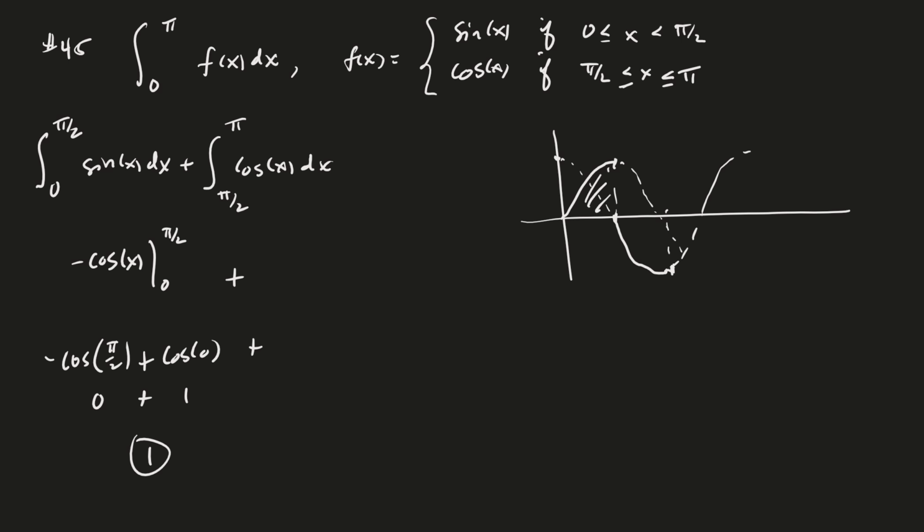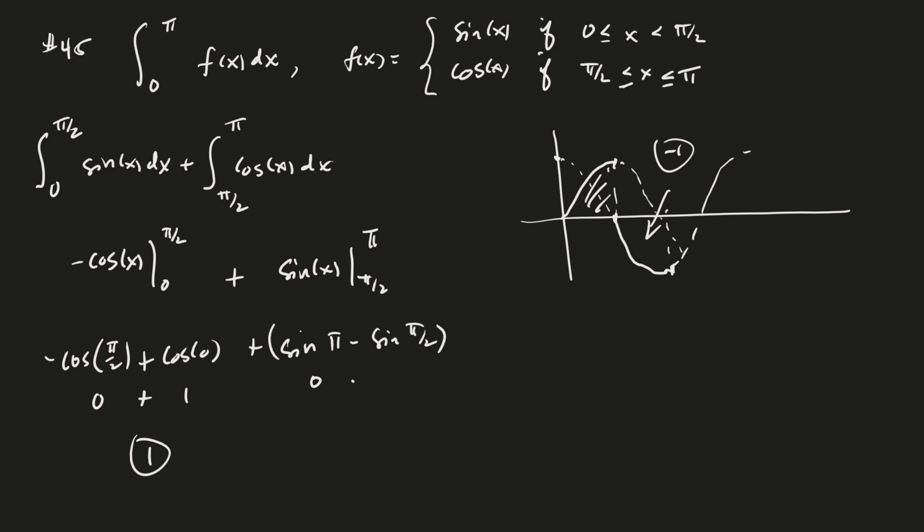So actually, can you guess what the other one's going to be? That area is going to be minus 1, and then we're going to get 0, right? But let's just double check. So the sine is the antiderivative, so that's the sine of pi minus the sine of pi over 2. So what's the sine of pi?